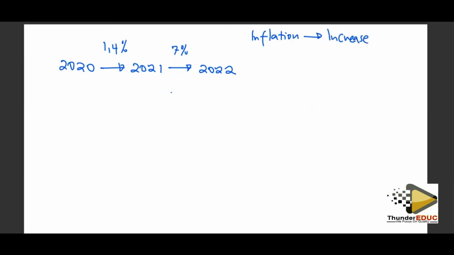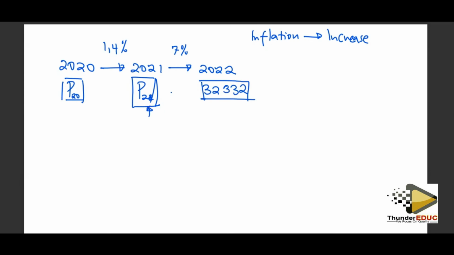There's a price here for 2020, a price here for 2021, and a price here, which was 32,332. This was the normal price. Remember, it came to this point after an increment of 7%. So we need to determine which price was here before it became this, working backwards.